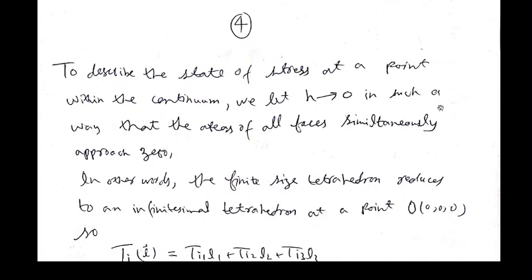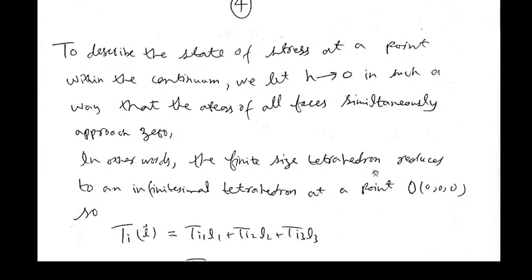When h approaches 0, all the areas and all the forces simultaneously approach 0. This is obvious. In other words, the finite size tetrahedron reduces to an infinitesimal, very small tetrahedron at the point 0, 0, 0.